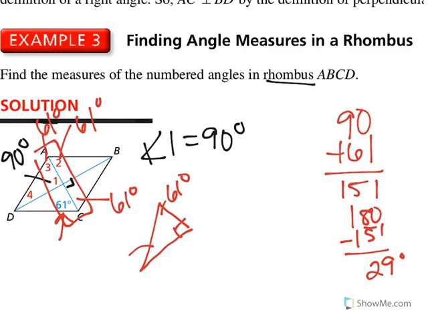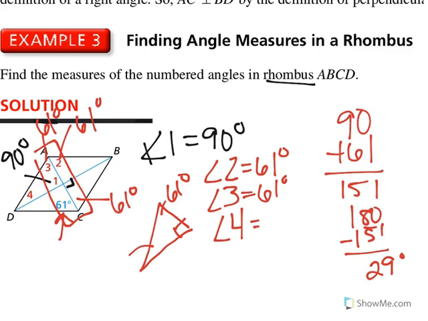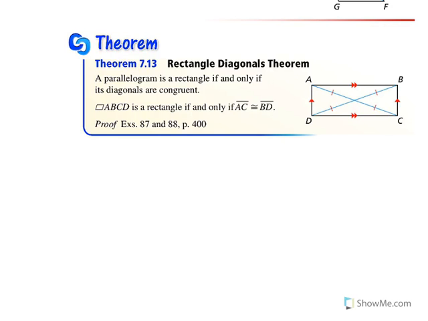Okay, so angle 1 is 90, angle 2 is 61 degrees, angle 3 is 61 degrees, and angle 4 is 29 degrees.